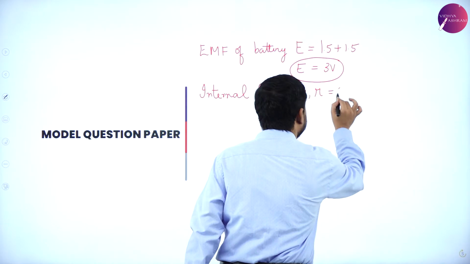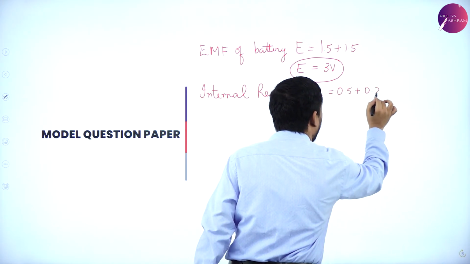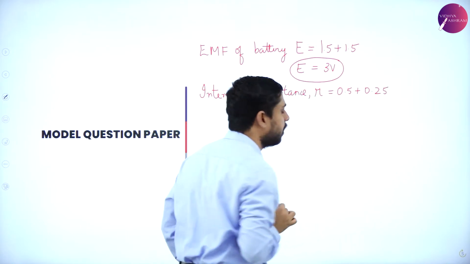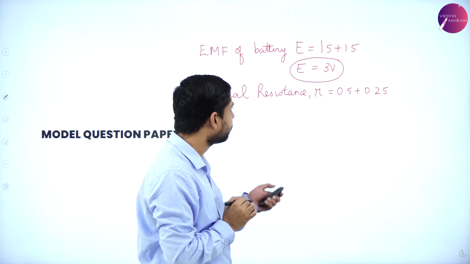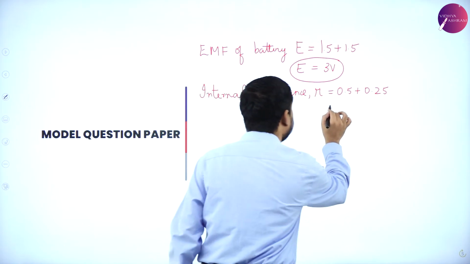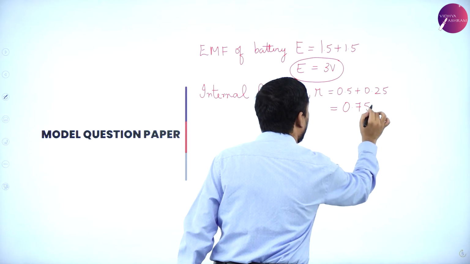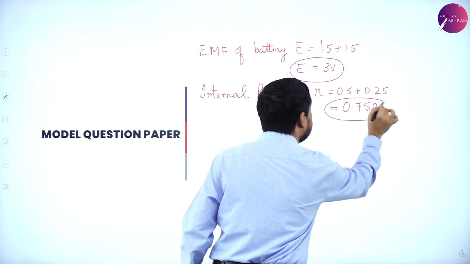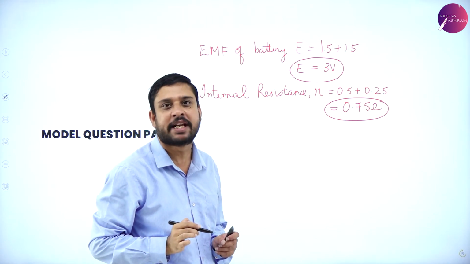This is 0.5 plus 0.25, which turns out to be 0.75 ohms. So this is the internal resistance of the battery.